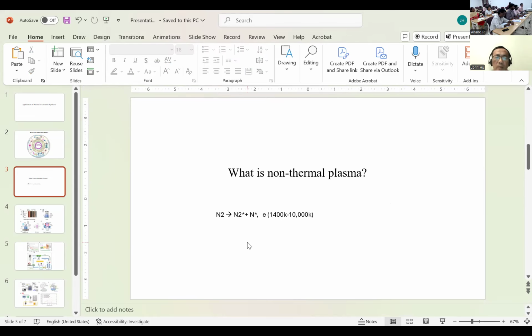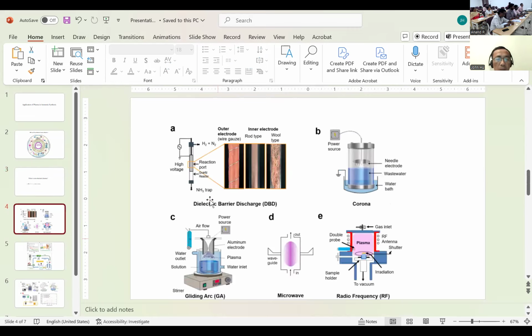That means if you apply the voltage, I'm going to show you a diagram, if I apply the voltage in the catalyst in there, the reactor is not hot. That's why they call it cold plasma, because the main body is cold. Only the electrons are floating around.